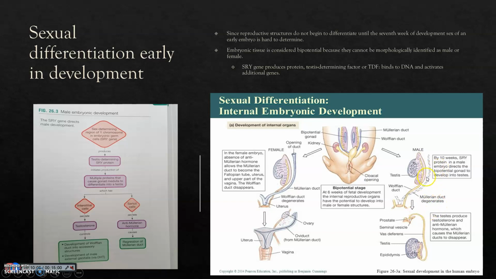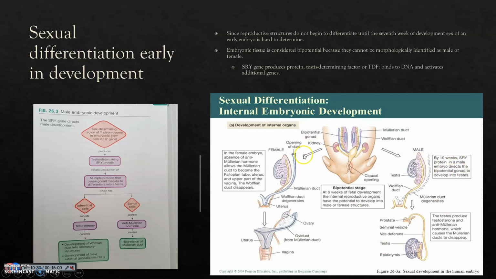So here we see that the Müllerian duct starts to degenerate, and then we begin to produce, like I said, testosterone and anti-Müllerian hormone, which makes the Müllerian duct disappear. And then we begin development of the prostate, development of the seminal vesicle, vas deferens, testes, and epididymis, and we see that develop when the SRY gene is present.